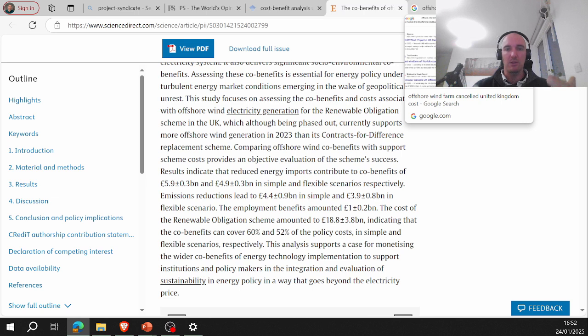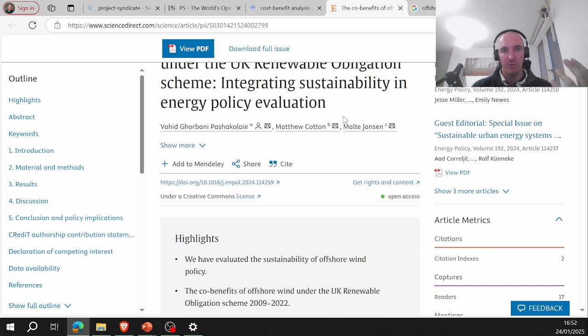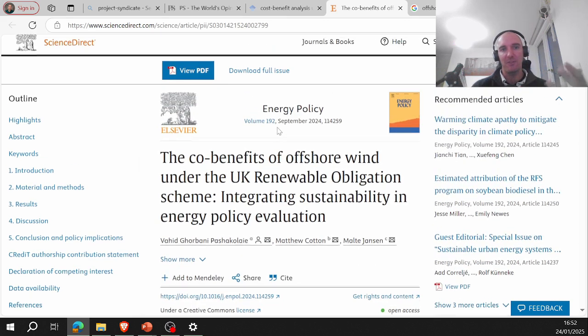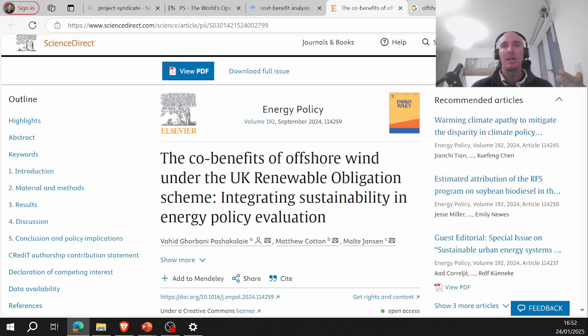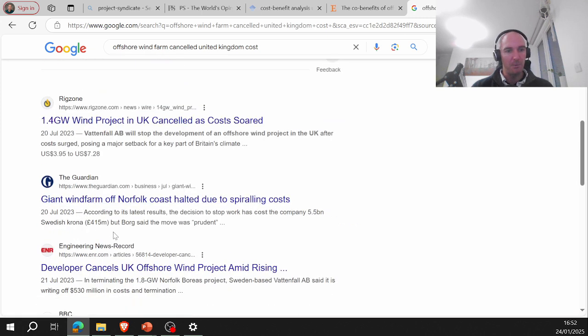So that's the way that you can draw connections between different articles that you've come across, write a sort of meaty paragraph about an issue in cost-benefit analysis in your particular policy challenge, build it out of a citation rather than out of your own thoughts. So we're going to ground the paragraph in this article in energy policy. We might be able to find an article about this, although it's quite recent, 2023.